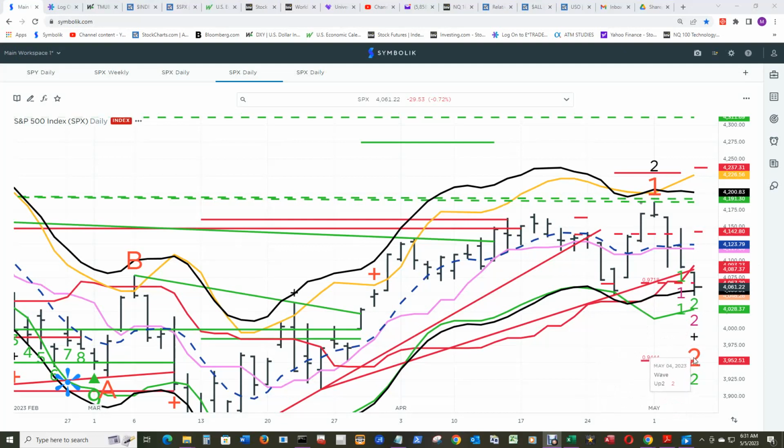And price is now on D wave up wave 3, so there's a lot going on here, and to me it looks like a decent chance for some up move.